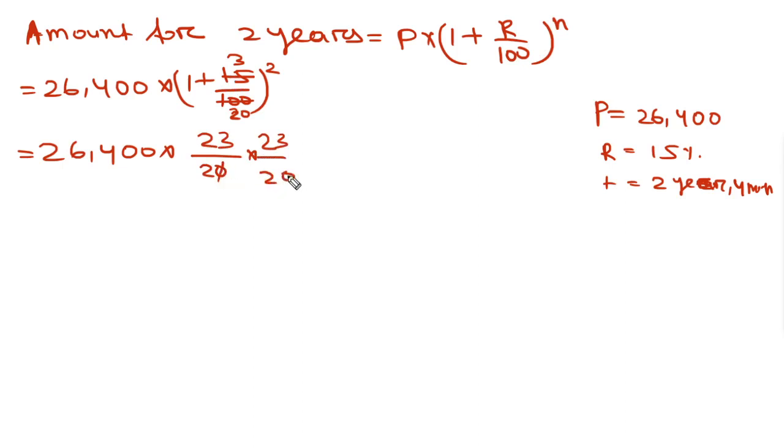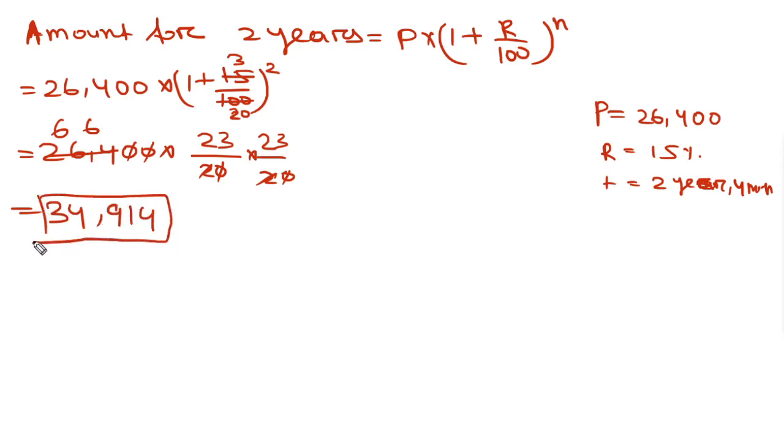Now you can cancel 2 zeros with these 2 zeros, then 2 4s will be cancelled with here 6 and 6. So we have to multiply 66 into 23 into 23. So it will be equal to 34,914. So this is the amount for 2 years. Now we have to find simple interest for 4 months. So now SI for 4 month.